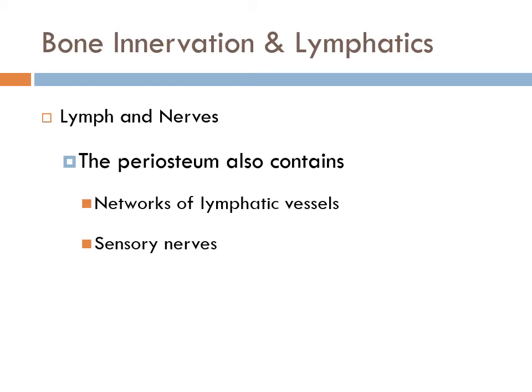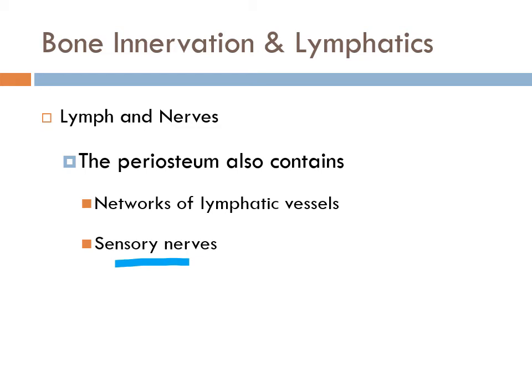Periosteum also has a network of lymphatic vessels. Lymphatic vessels are collecting interstitial fluid, so fluid that is in between cells. Also, we have a lot of sensory nerves within our periosteum, so when we break a bone, it's extremely painful. The reason for that is because if it's painful, you're going to stop using it and allow it to heal.